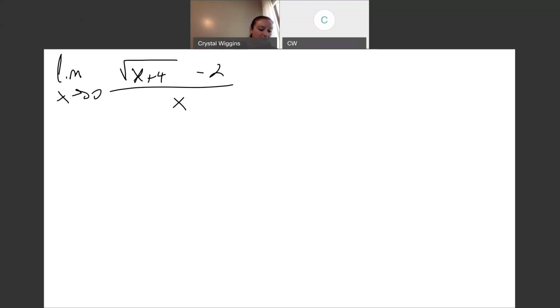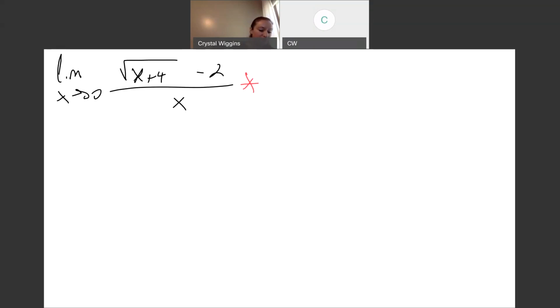So this one, you may or may not have covered conjugates in pre-calc. Hopefully you did. But conjugates is essentially multiplying by a form of 1. Now this is an expression, it doesn't have an equal sign, so you can't multiply by anything that will actually change the equation. But we know if we multiply by 1, that does not change the value of the function. So I just have to make sure I'm multiplying by the same thing over the same thing, which is a form of 1.